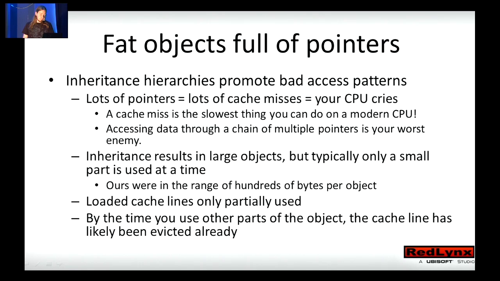And that's an even bigger problem if you are accessing the objects through multiple chains of pointers, like it usually happens when you have objects. You don't have arrays of just POD data, but objects, and objects usually mean a lot of pointers, interface pointers, and you are accessing data through chains of pointers, and then you have a lot of CPU cache stalls.